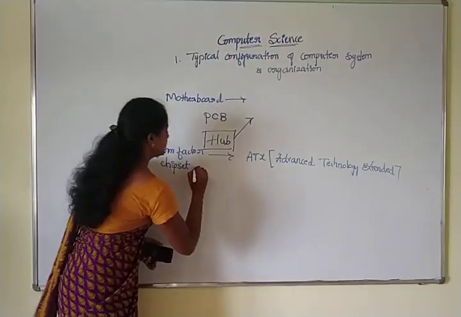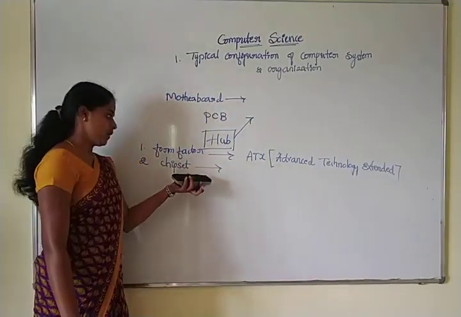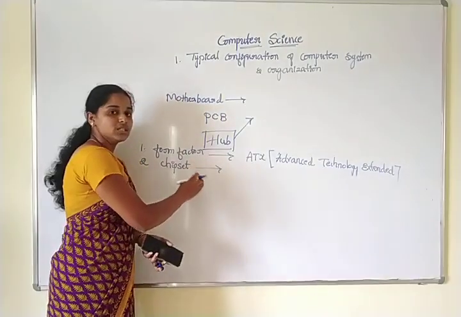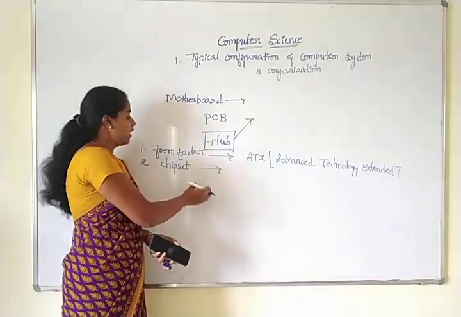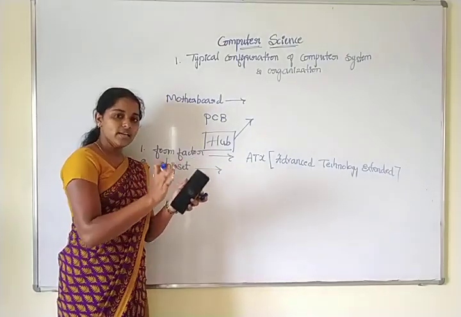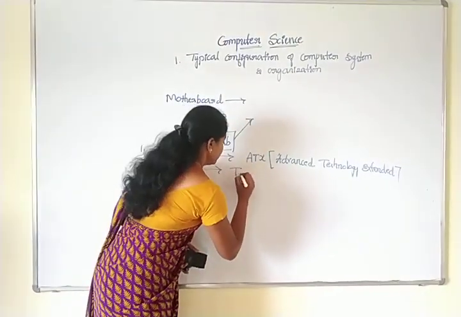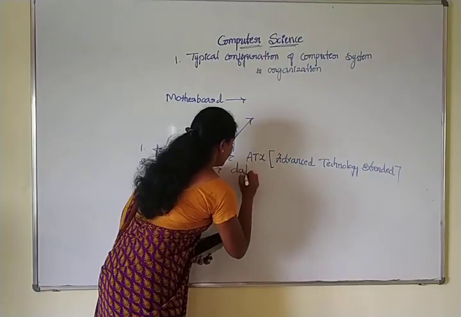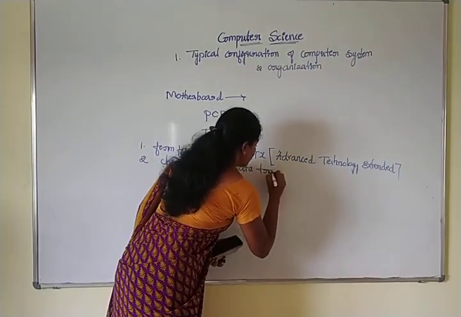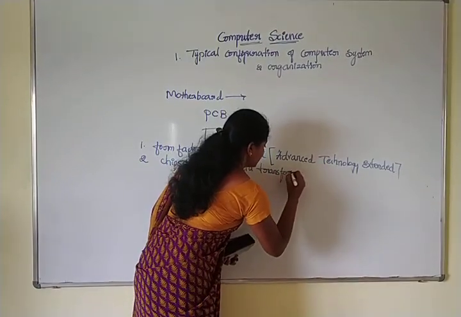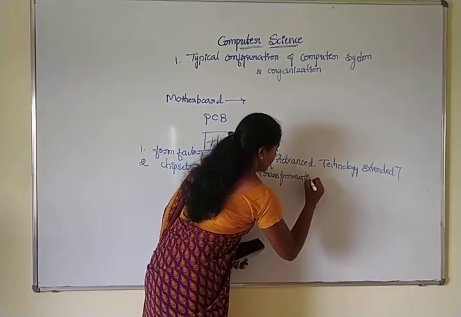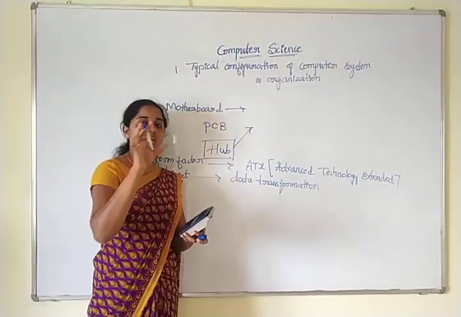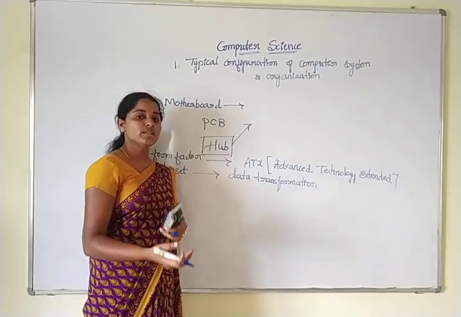The next is chipset. This chipset is mounted on the motherboard and it controls the resources of a computer and also coordinates the data transformation over different components of a computer.